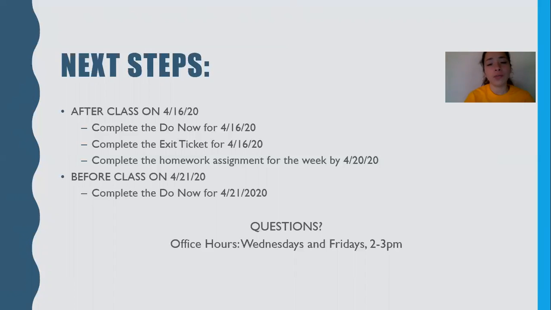I would like you to finish it by April 20th, which I believe is Monday. Our next class is on Tuesday. So before class on Tuesday, April 21st, complete the do now. I know that these times are very short and everything goes by. So make sure to come by office hours on Wednesdays and on Fridays if you have any questions.